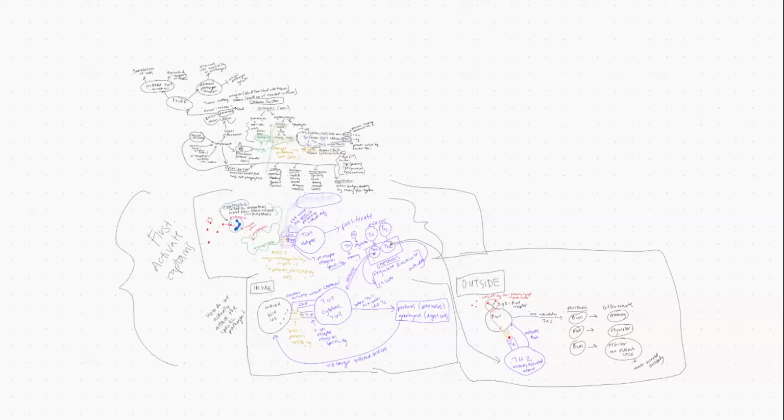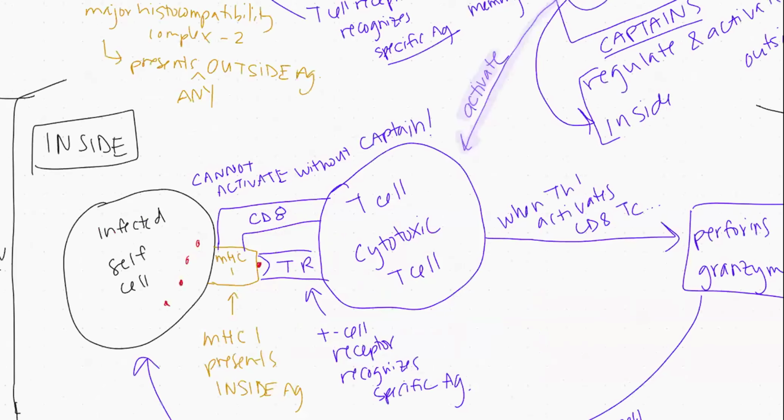The cytotoxic T cells are the ones that interact with MHC1. MHC1 presents the inside antigen. The T cell receptor sees that specific antigen. The CD8 verifies that MHC1 is presenting it, but the Th1 cell, the helper captain that got activated from the outside stuff, can now give the activating signal for the inside stuff to happen.